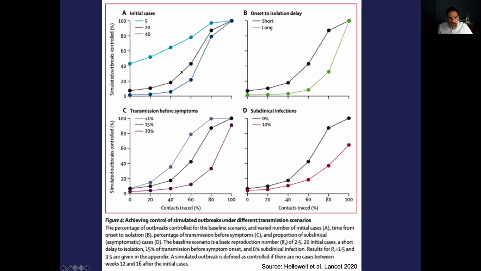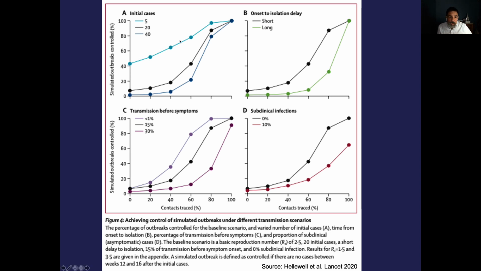And so what you can see here on the y-axis, it's the proportion of simulated outbreaks that were controlled. And on the x-axis, it's the proportion of contacts that were successfully traced by the program. So in this situation, where there were 5 initial cases with no contacts traced, 40% of the outbreaks would result in being controlled.